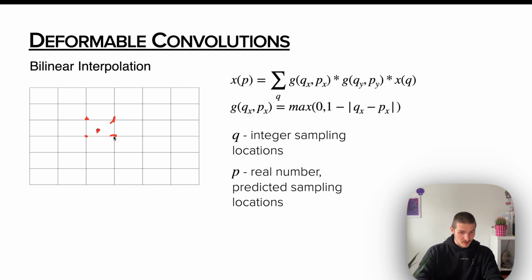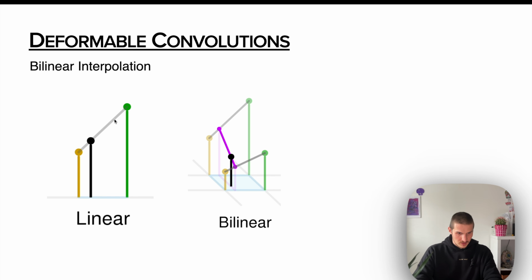It might land somewhere in between. Because of that, we use bilinear interpolation to look at the 4 nearest pixels in the 2D representation of the image, and to compute the value in that location as a bilinear approximation, basically a weighted average across these 4 pixels. So here's how it might look.